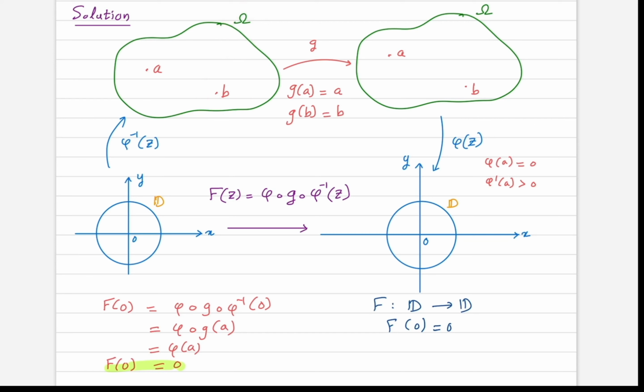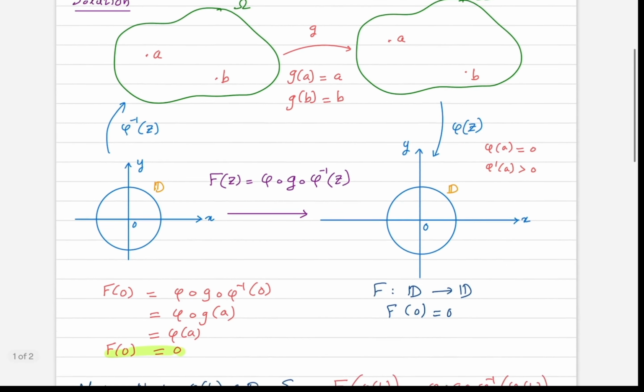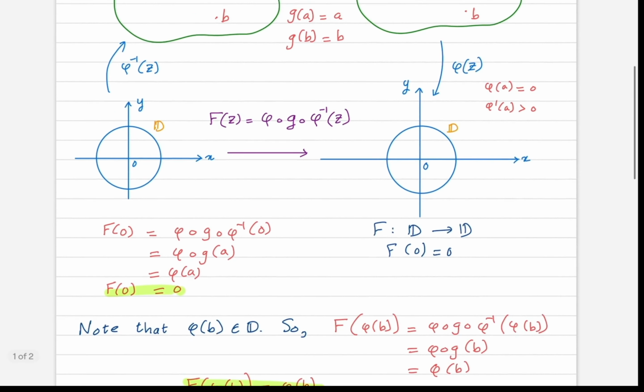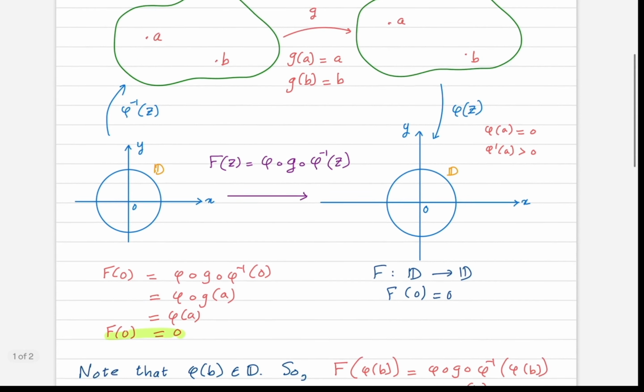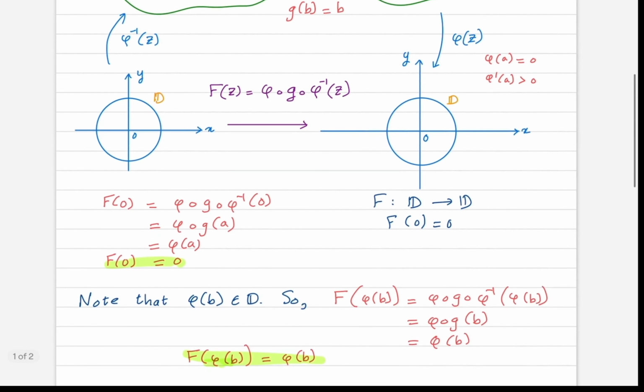So what can you say about phi of B? If you apply the function phi to B, you would get some point in the unit disk, and it cannot be 0, because this is conformal. A is going to map to 0, so B would be mapped to some point that is different from the origin. So now instead of 0, I would apply phi of B to this capital F.